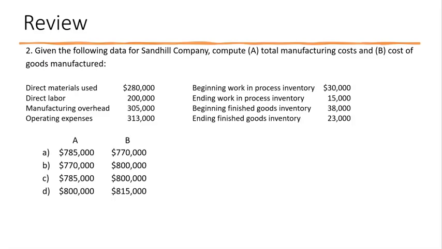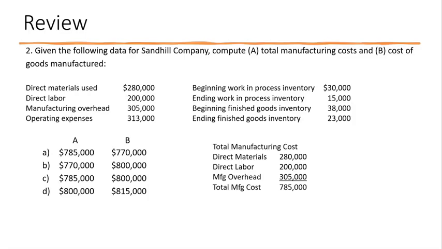Given the following data for Sandhill Company, compute A, total manufacturing costs, and B, cost of goods manufactured. So if we have these amounts for different costs, we will calculate our total manufacturing cost first. And manufacturing costs are direct materials, direct labor, and manufacturing overhead.